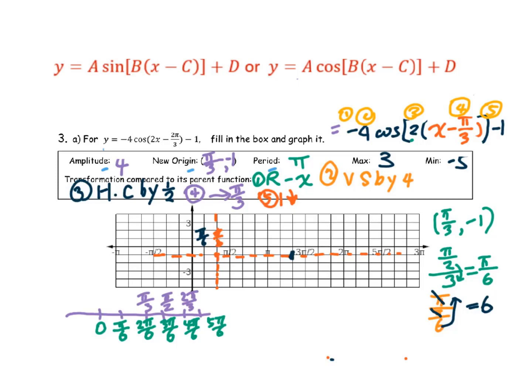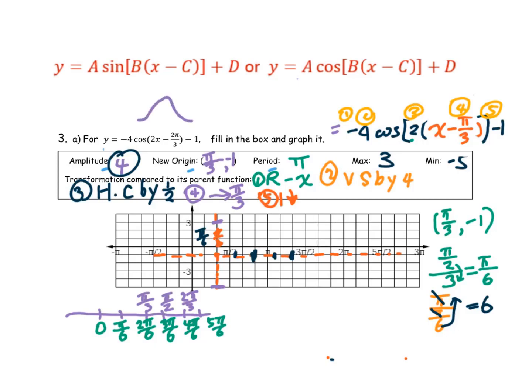Then midpoint is here. Then midpoint again. Midpoint again. A is 4. That's why I go up 4. 1, 2, 3, 4 here. Go down 4. That's over here. Then the pattern, that's a negative cosine. This is the pattern.